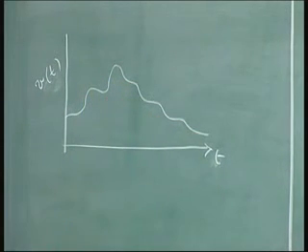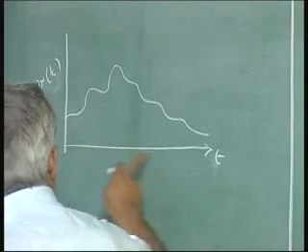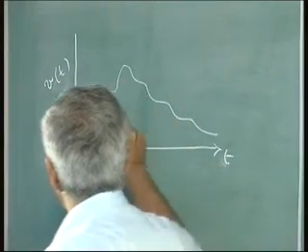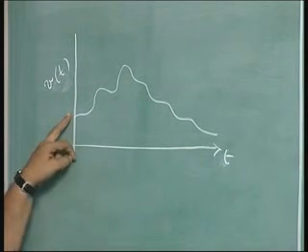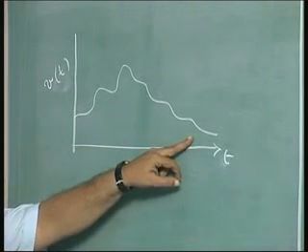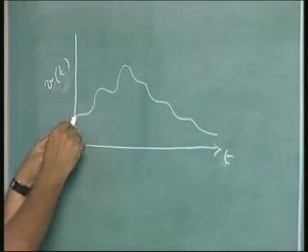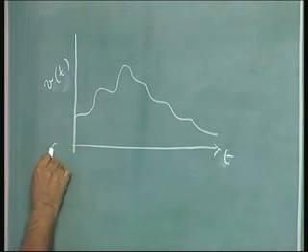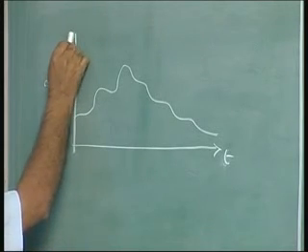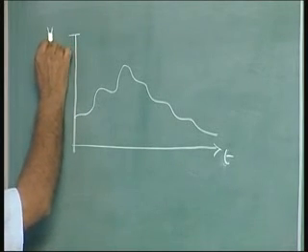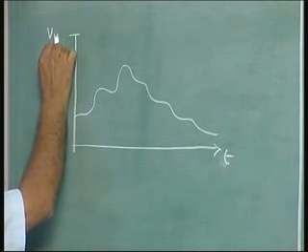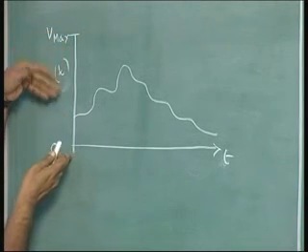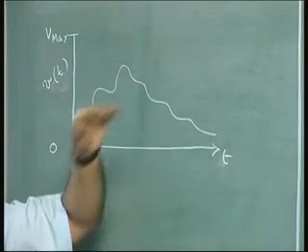If I plot like this, there are any number of values this signal can take as a function of time, but of course it is always limited. Let us call the minimum value 0 and the maximum value V max. You define two values and say that the signal always varies within this range. This is the range of the signal.